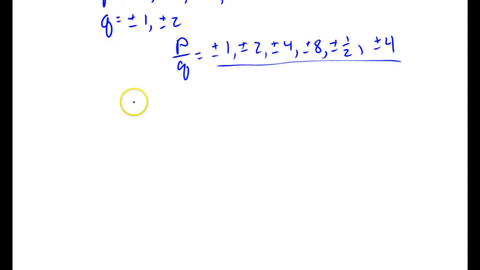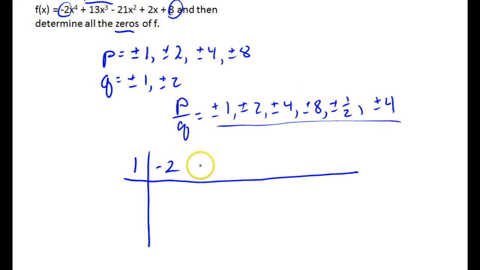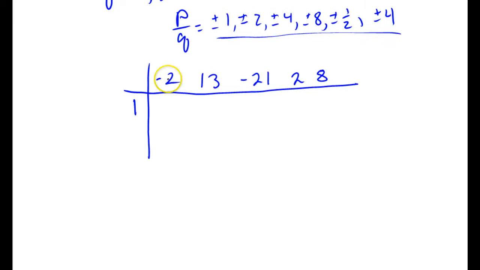So let's try 1. I'm going to list my coefficients up here: negative 2, 13, negative 21, 2, and 8. And I'm going to move my 1 down here. Remember, I'm going to do my adding in my head.